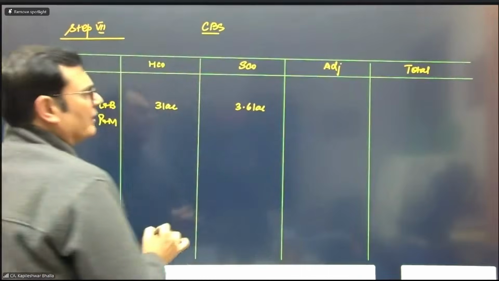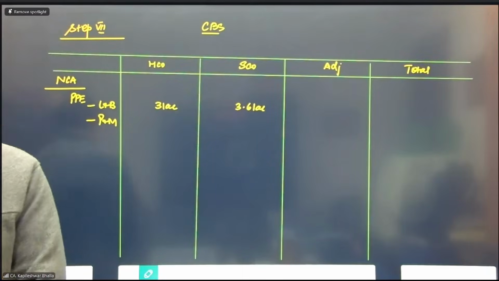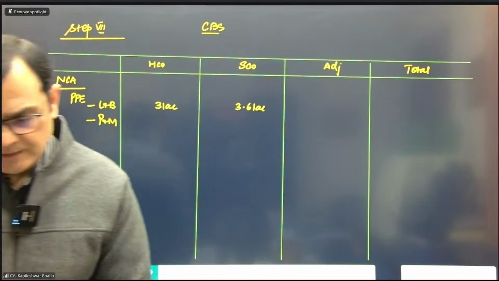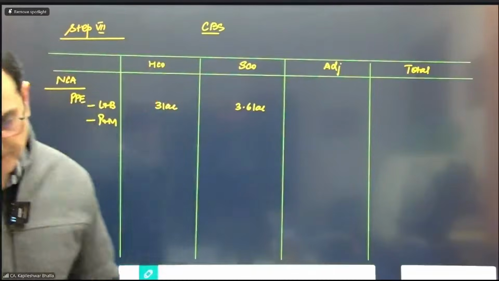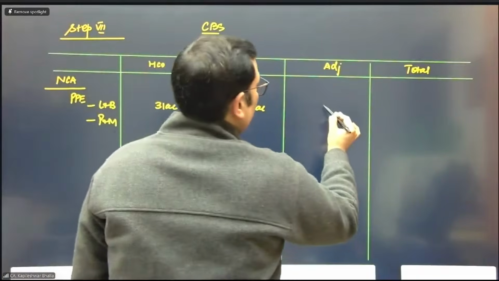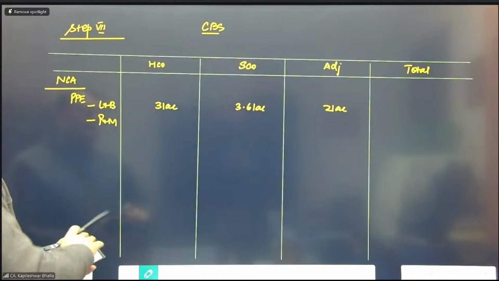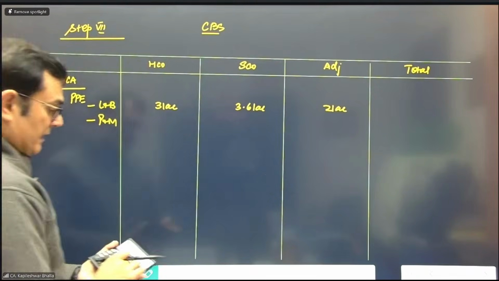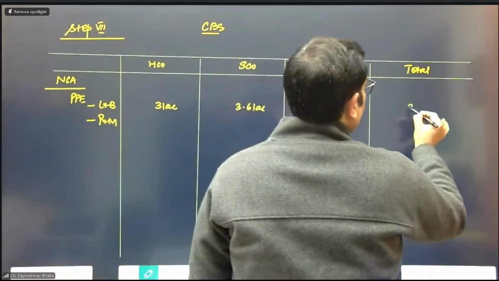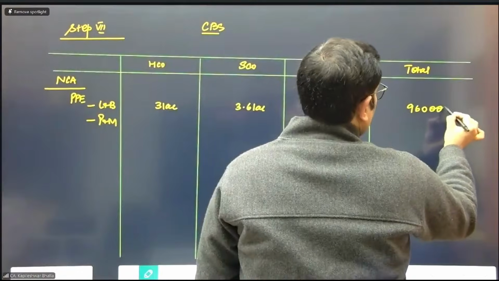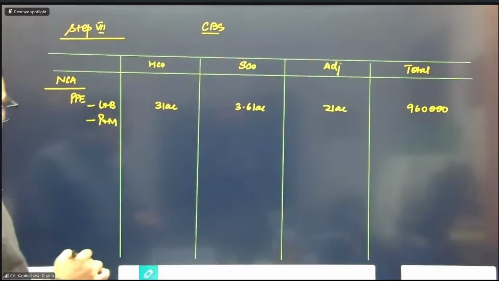And I think there was a fair value adjustment in terms of land, I guess. That was, I believe, 2 lakhs. No additional depreciation. So this comes to 9 lakhs 60. This is land and building.